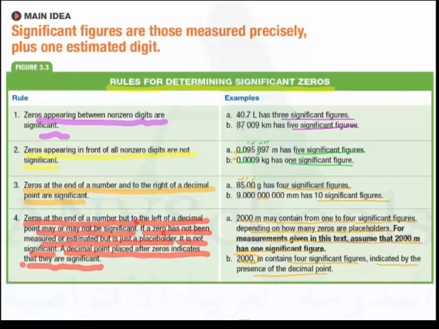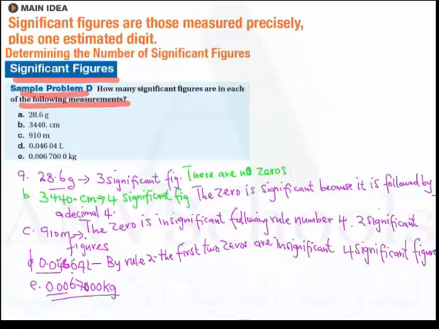Zeros at the end of a number but to the left of the decimal point, if not measured or estimated but just a placer, are not significant. So the first zeros here are insignificant.